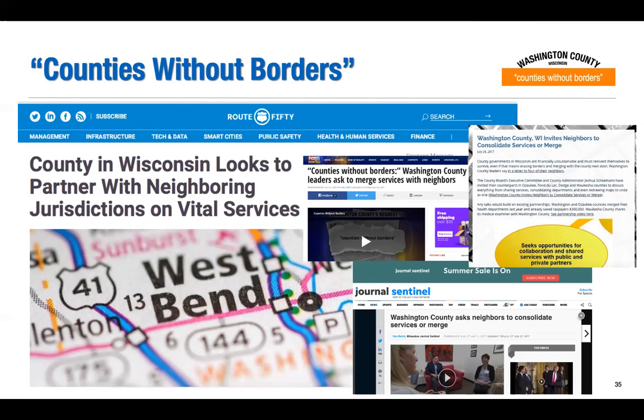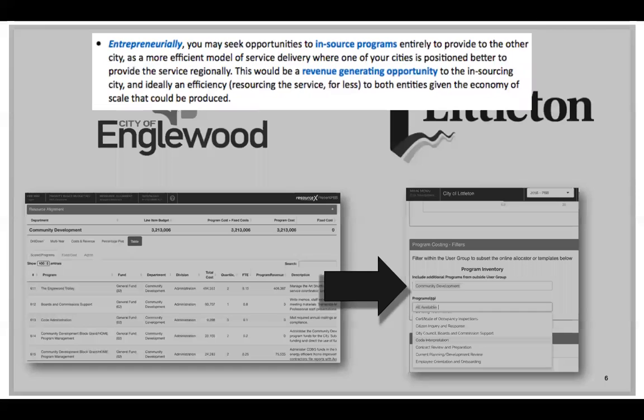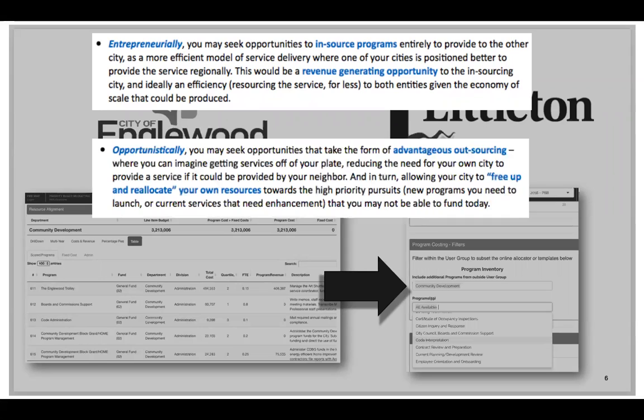So if you keep carrying this out, the idea is, with your program inventory, is there any opportunity to share with some of your neighboring cities, with the school district, with the university, with the private sector, with the nonprofit jurisdictions overall, to try to find out where it might be advantageous for you to insource as a revenue generating opportunity, or any opportunities where it's advantageous for you to get something off of your plate. That's exactly what we're pursuing in Level 4.